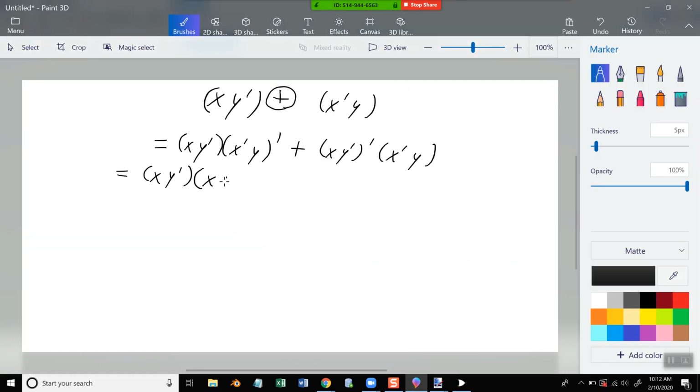So it'd be x plus y prime. Okay. And over here, it's the same deal. We're going to invert each one of these and put a plus between them. So x prime plus y, and then x prime y.